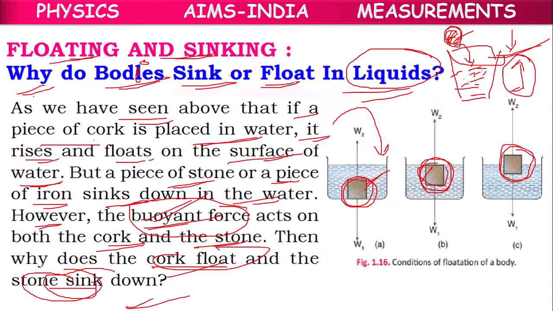Whenever a body is kept inside water, W1 acts in the downward direction because of gravity, and W2 is the buoyant force because of water. These two forces act on any body kept in water.